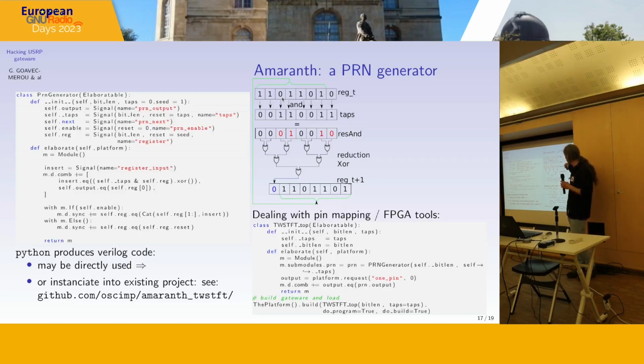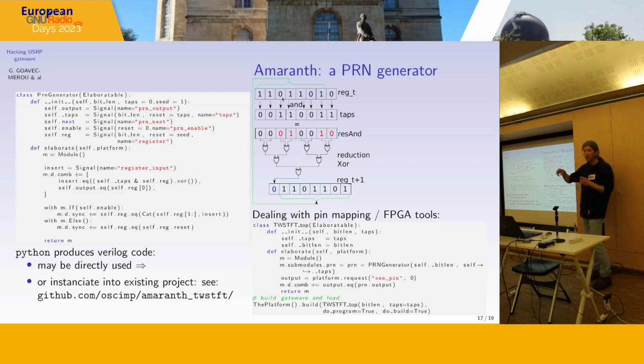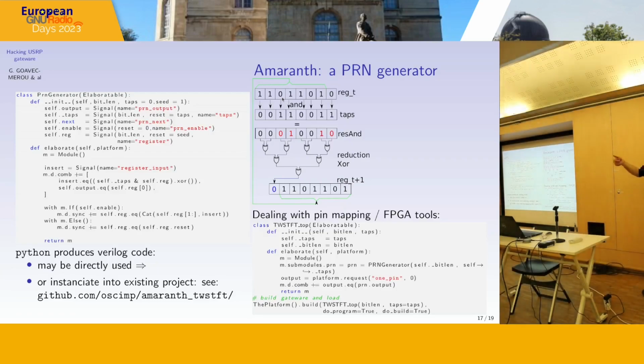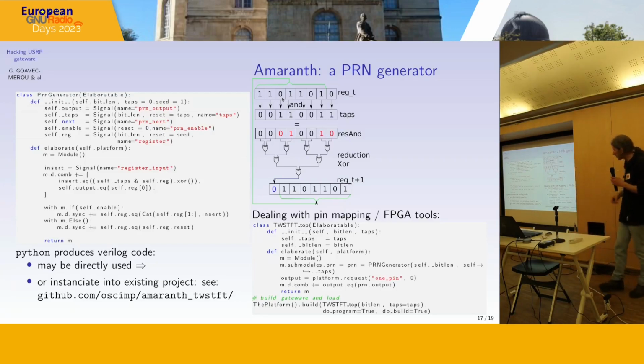So the AND plus the XOR is set into the insert signal. Insert.eq is equivalent to insert equal something. The second one is the output. The output is set unconditionally, so all the time, by using the least significant bit of the register.